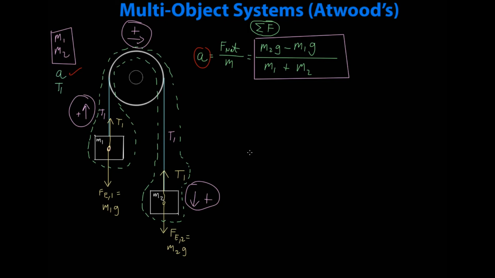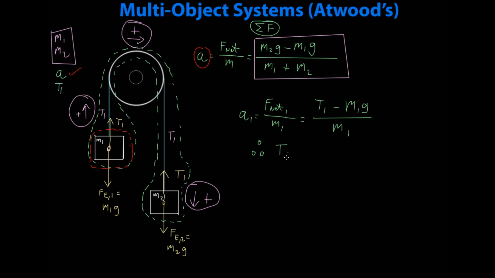The next thing you want to do is get tension. Now to get tension, again, I have to redefine my system and I can't have both sides of this tension in the system. So I am just going to choose mass 1 first. And if I do that, I will have acceleration 1 is F net of 1 over mass 1, equals positive direction, T1 minus m1g over mass 1.